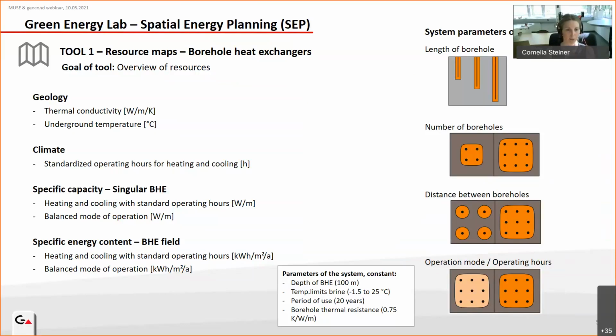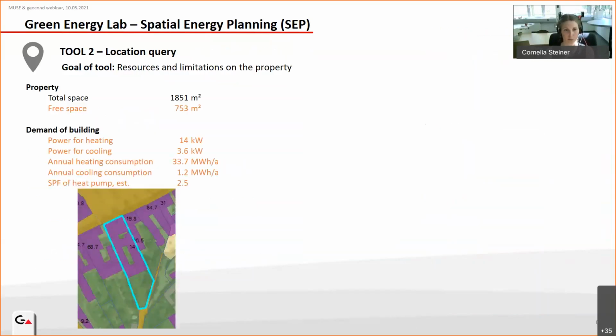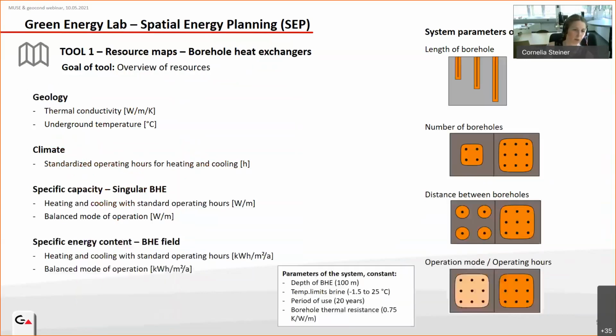So, but anyway, we decided to choose certain systems, and then we calculated for the, could you go back one more, please? Yeah. So we selected for the specific capacity a singular borehole heat exchanger and calculated it for two modes of operation. The first one is heating and cooling with standard operating hours that depend on the climate.